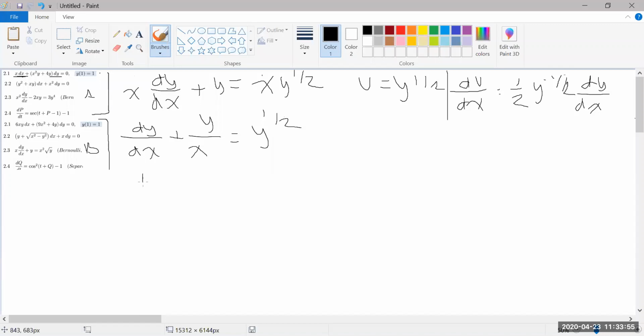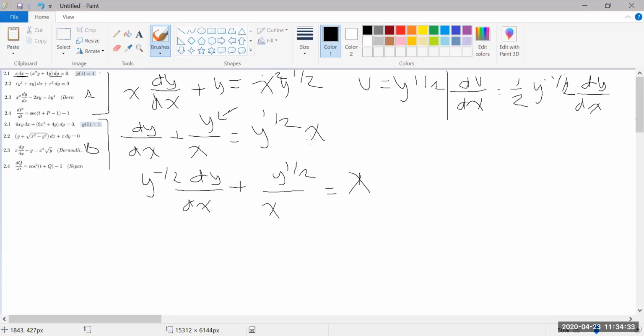I'm going to get y to the negative 1/2 dy dx plus y to the positive 1/2 here because we already had a y, still divided by x, and then equals our x here. I'm sorry, this was an x squared to begin with, so our x carries through.